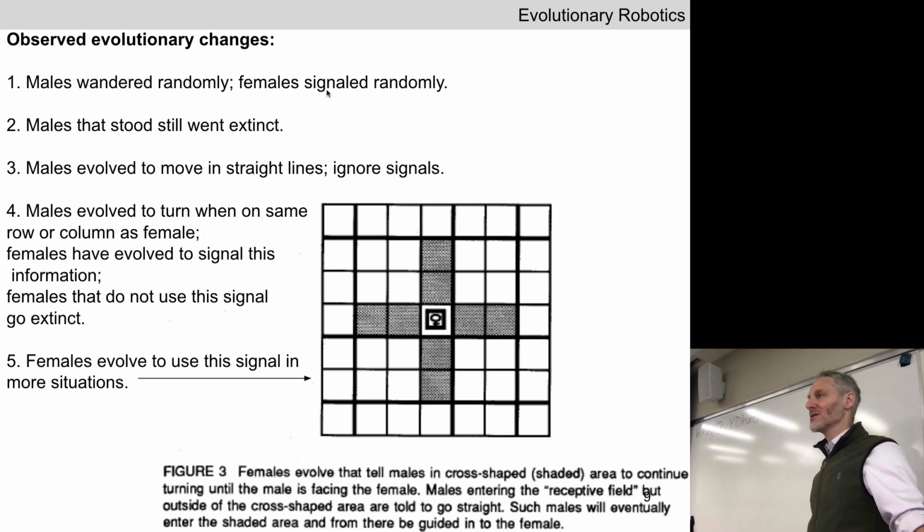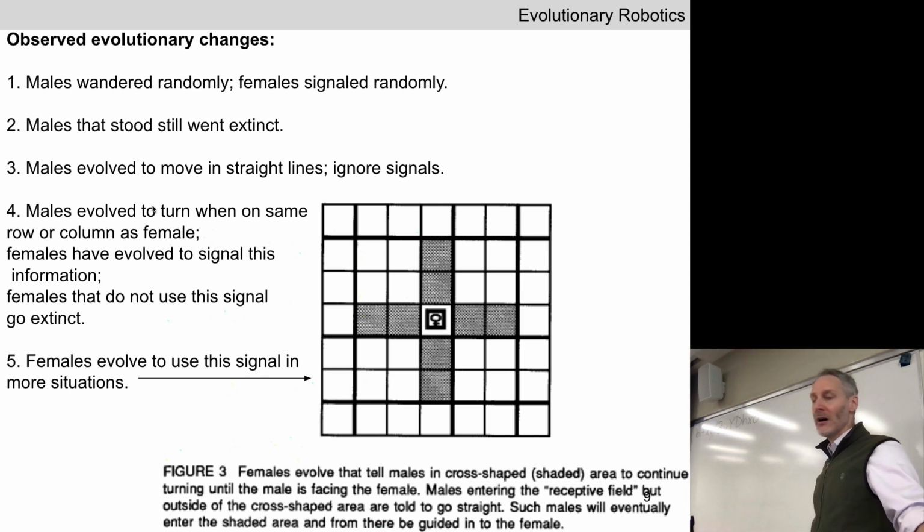Signal implies that there's some meaning to the sound. At this point, there is no meaning associated with these 8 binary vectors. Males that stood still or turned left or turned right and stayed in place tended to go extinct and were outcompeted and out-evolved by males that evolved to move in straight lines and ignore any potential signals.